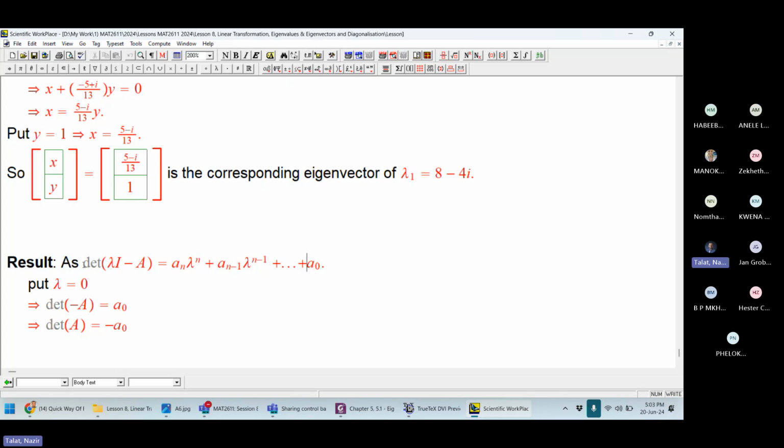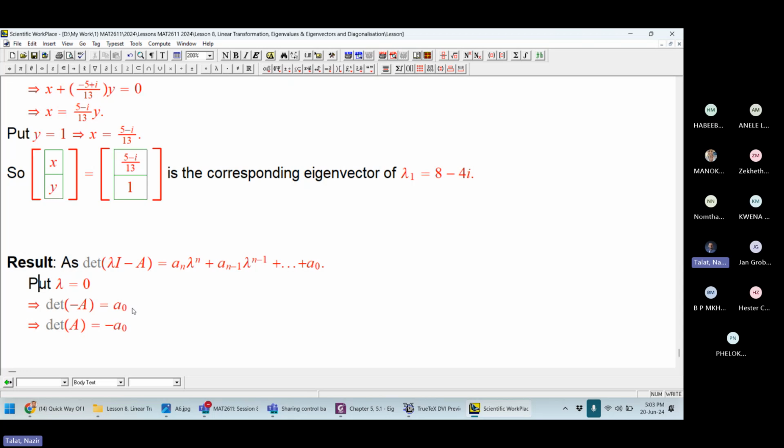So this is the characteristic polynomial. If we put lambda equal to 0 over here, then what will it become? It becomes determinant of minus A is equal to a naught. It means the determinant of minus A is a naught.